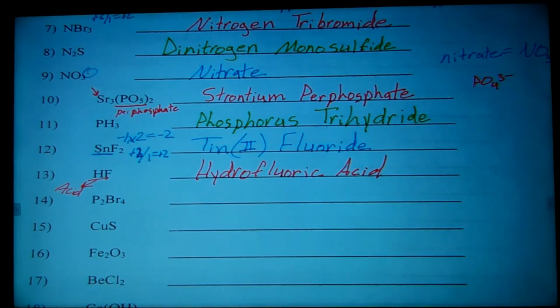Oh, sorry. Video's going to empty. So in this, there are two elements. Is there a charge? No, which means we look at the bond. Phosphorus comes from the right of the periodic table, just like bromine does. It comes from the right, so it's a nonmetal and a nonmetal, covalent. We use the prefixes.